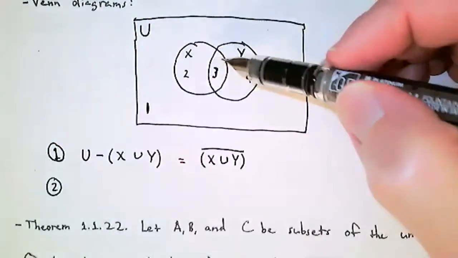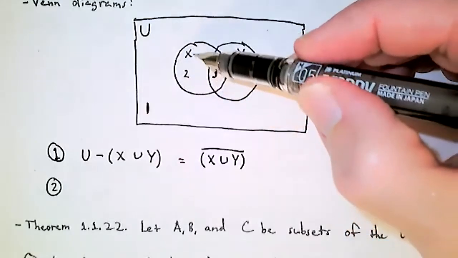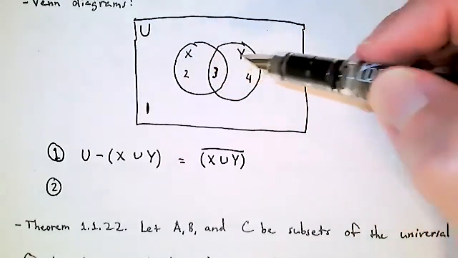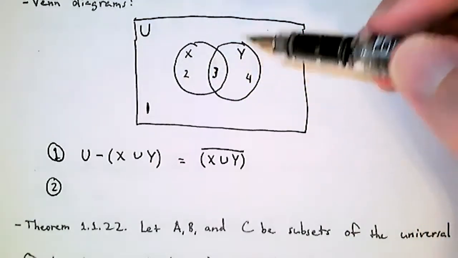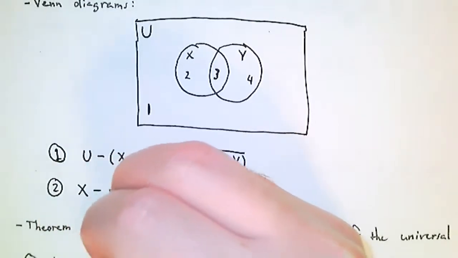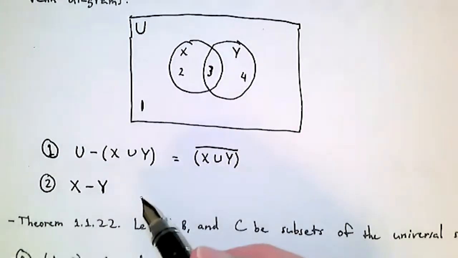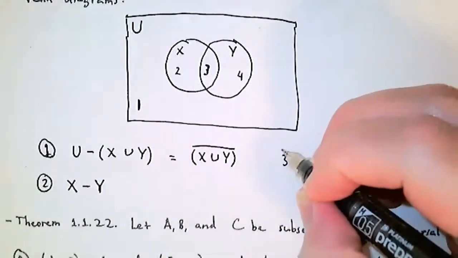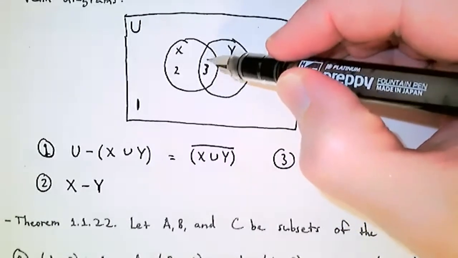Let's move on to 2. This region here, all of this region is part of X, but it excludes anything over here that was in Y. So this is the elements of X with any shared elements with Y taken away, or X minus Y. The third region is where X and Y overlap.